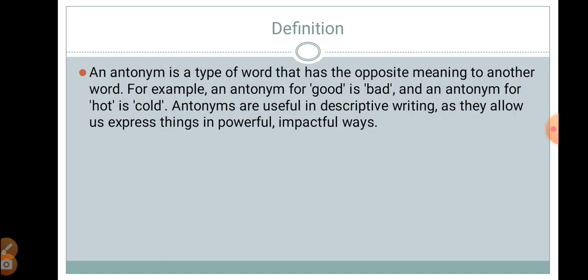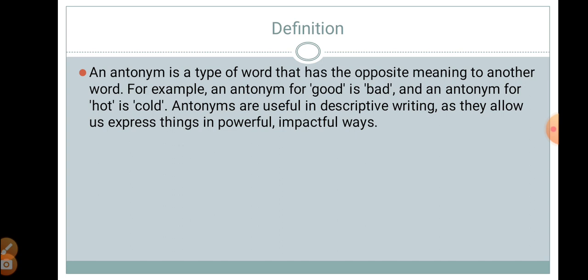So we say an antonym is a word or a type of word that has the opposite meaning to another word. For example, an antonym for good is what? Bad.